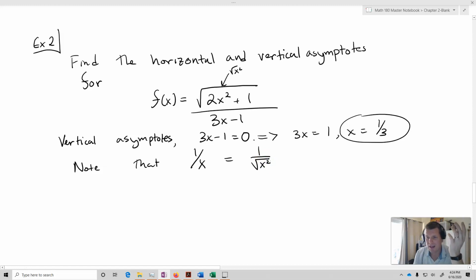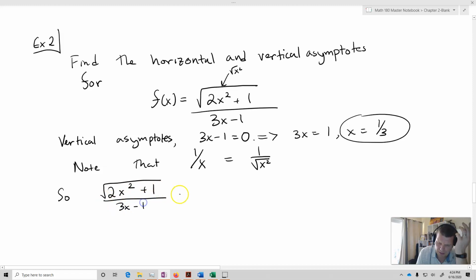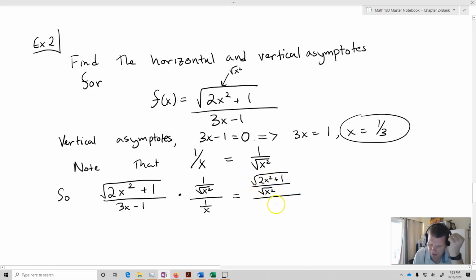That's great because then we can multiply the top and bottom by 1 over x. So we got the square root of 2x squared plus 1 over 3x minus 1 times 1 over the square root of x squared divided by 1 over x. This is now going to equal the square root of 2x squared plus 1 over the square root of x squared, divided by 3 minus 1 over x.